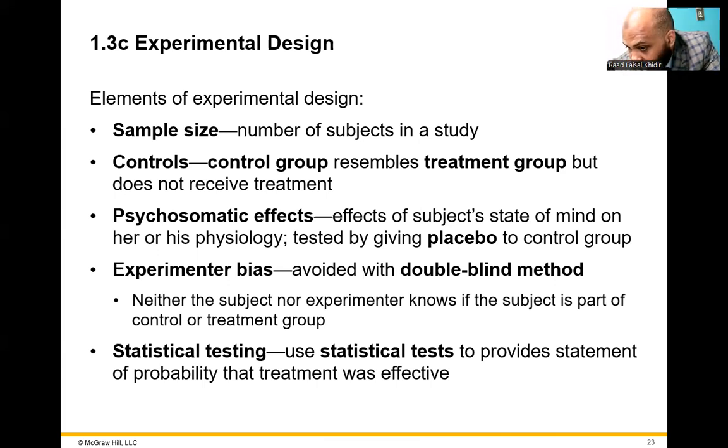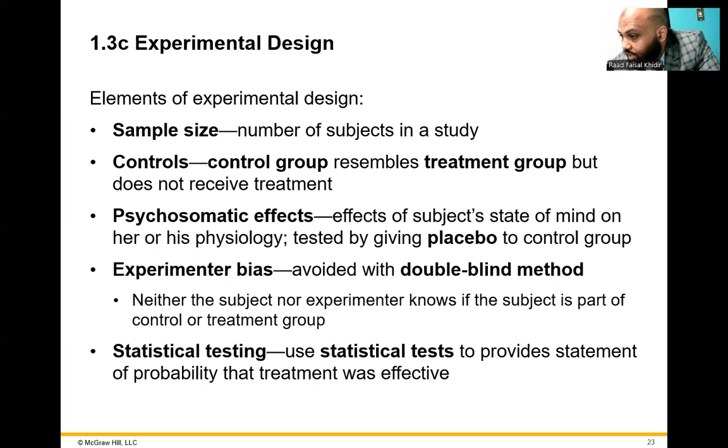If you receive the medical treatment that you are trying to test the effects of, then you are part of the treatment group. If you do not receive what you are testing, the Tylenol, then that makes you the control group.